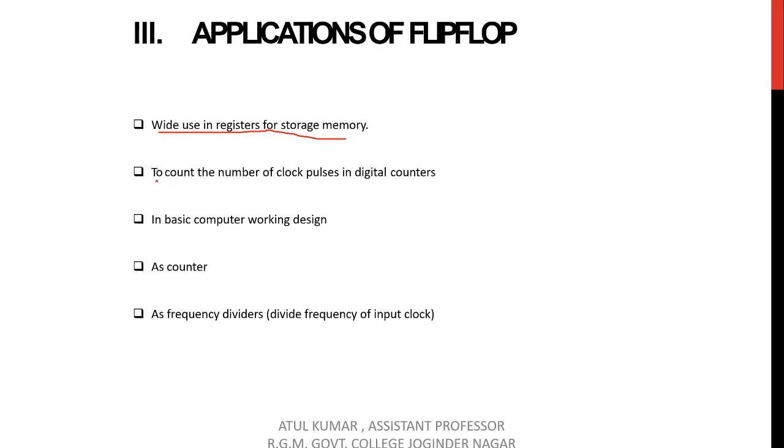The second application is in counters, to count the number of clock pulses in digital computers, and they are also very useful in the working design of basic computers. The next application is that they are very widely used as frequency dividers. Frequency dividers means they are used to divide the frequency of the input clock. So these are the various applications of flip flops.